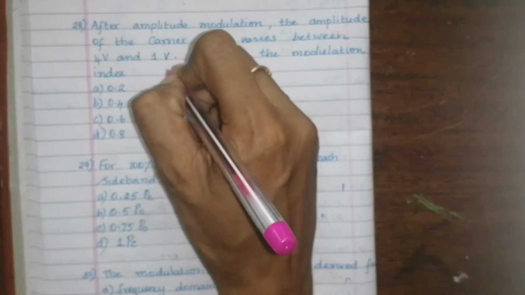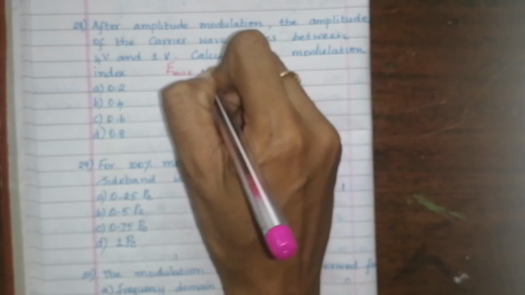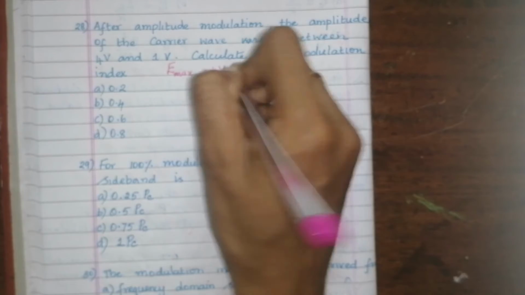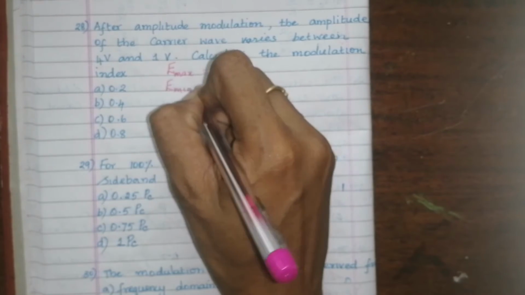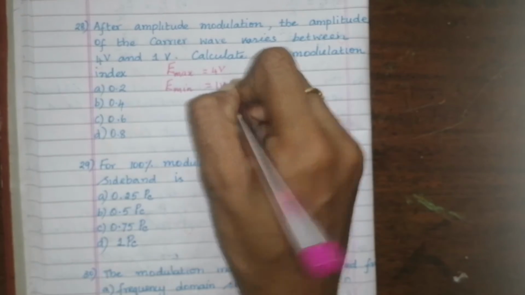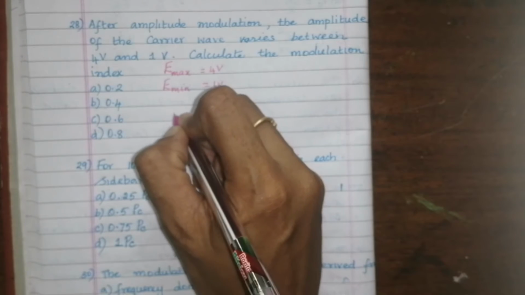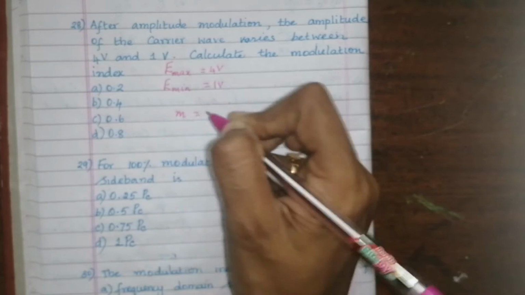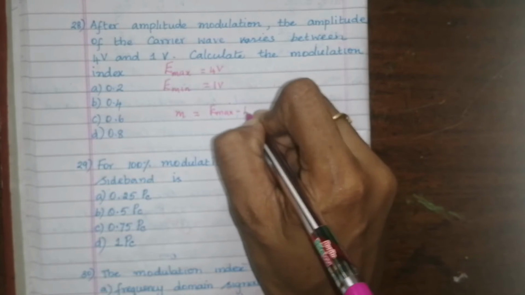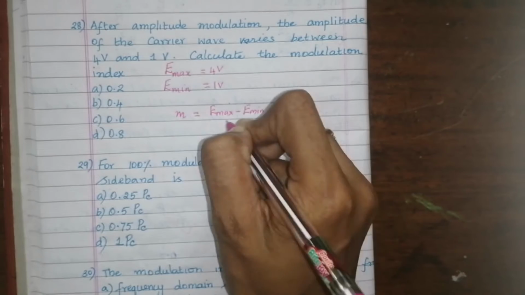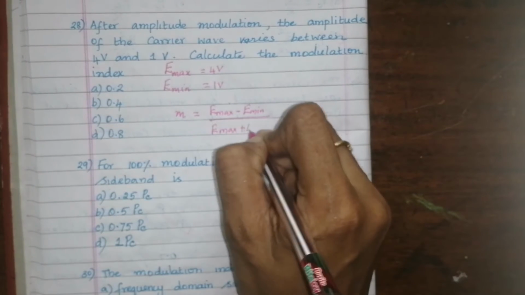So the maximum voltage, we can represent it as E max or V max. Maximum voltage E max is equal to 4 volt and the minimum voltage E min is equal to 1 volt. From these given voltages, we have to calculate the modulation index. To calculate the modulation index, we use the formula M is equal to E max minus E min by E max plus E min.